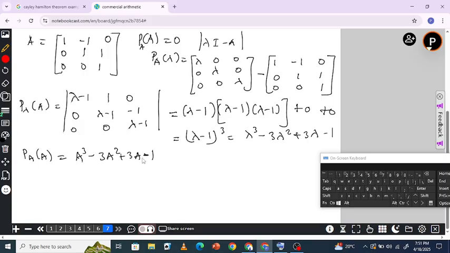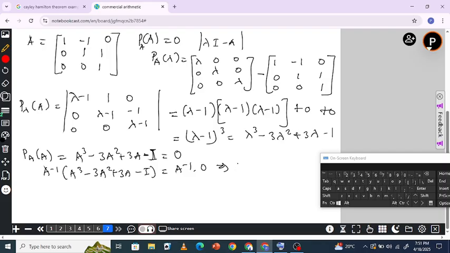But now this was supposed to be minus 1, now it becomes minus I, because 1 is the identity, and you're replacing with A, that means you have this equal to 0 according to the statement of our theorem. Now we want to get A inverse, meaning we pre-multiply through by A inverse.